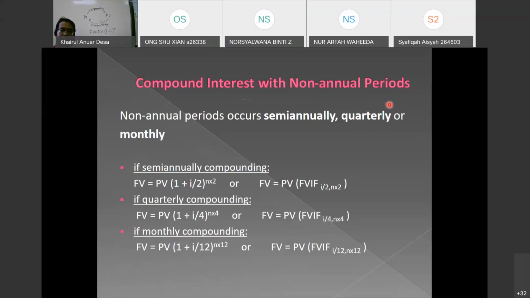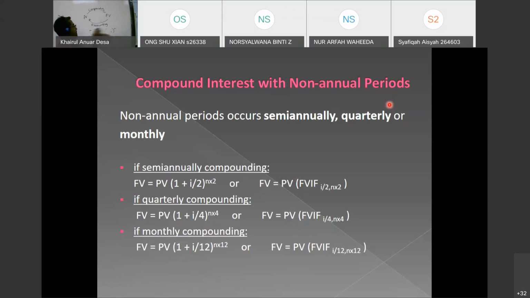Just go to your table, future value table, and just see the coordinate. Right? Just now, we answered the question with the annual interest rate.